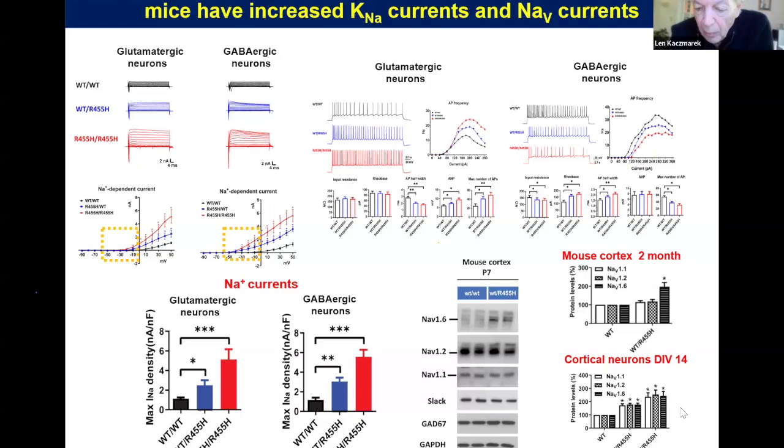In the embryonic neurons and in the culture dish, you increase all three major types of sodium channels. They're increased: NaV1.1, 1.2, and NaV1.6. So just having this overactive potassium channel has caused the neuron to make more sodium channels.